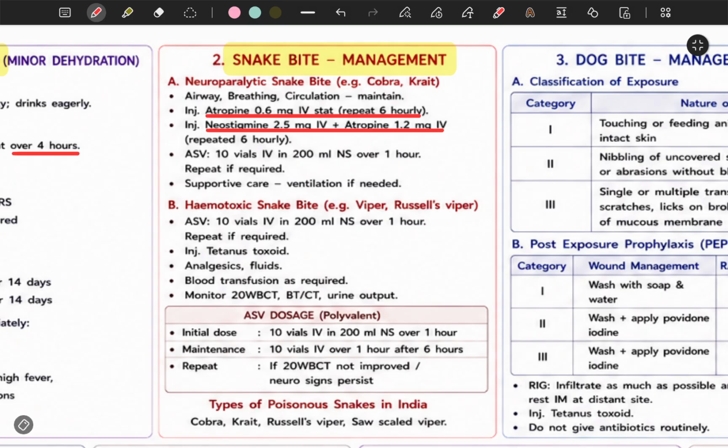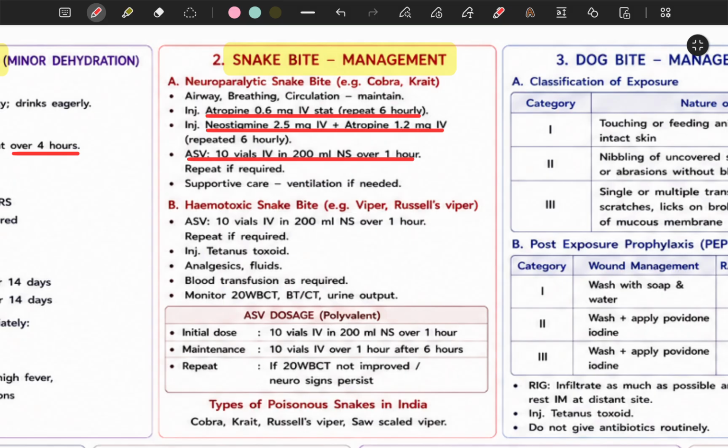Then ASV, anti-snake venom, 10 vials IV in 200 ml NS over 1 hour. Repeat if required. Supportive care, ventilation if needed. So for neuroparalytic you need to give ASV, atropine, neostigmine.